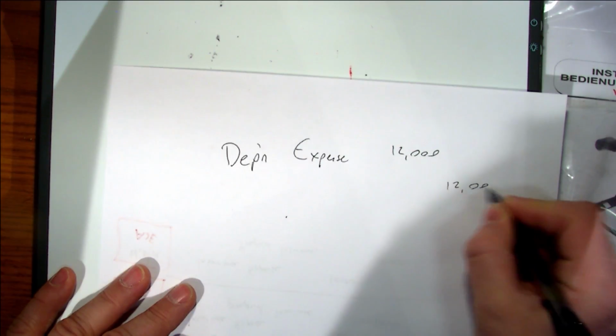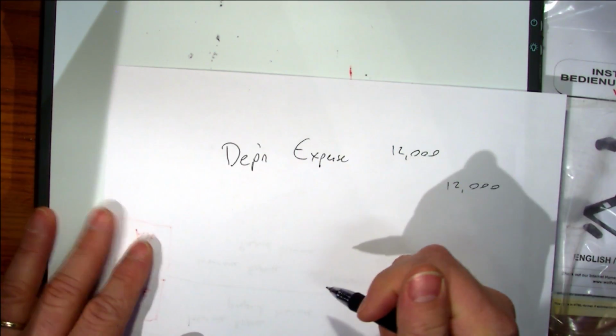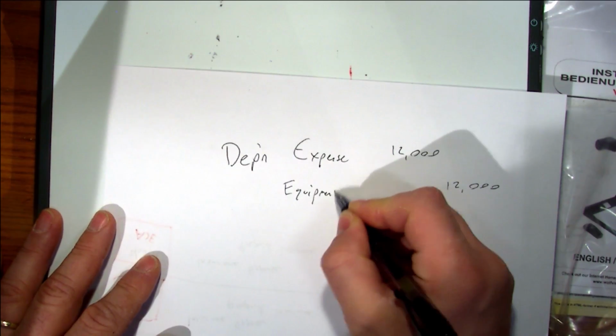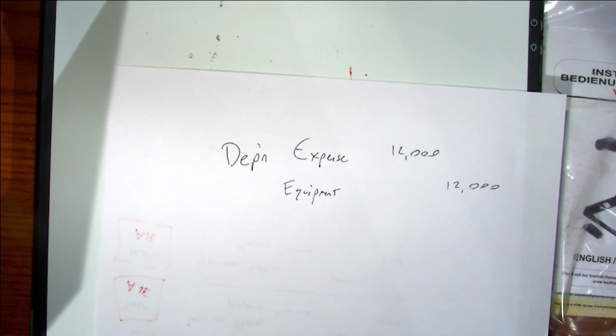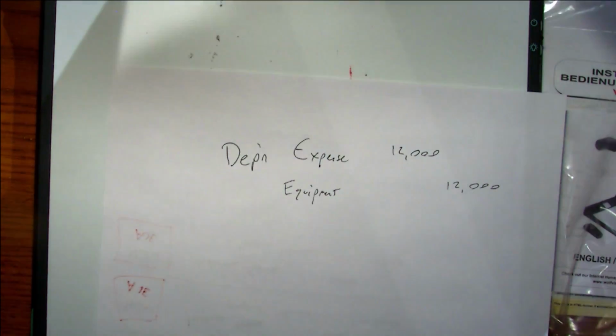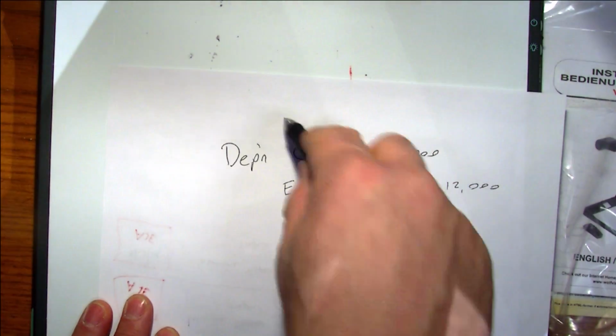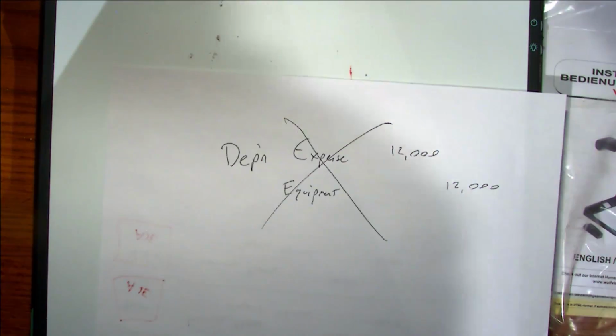And what you might think is that what I would credit is the asset of equipment, because that would follow the same logic as what we did with prepaid insurance and supplies, right?